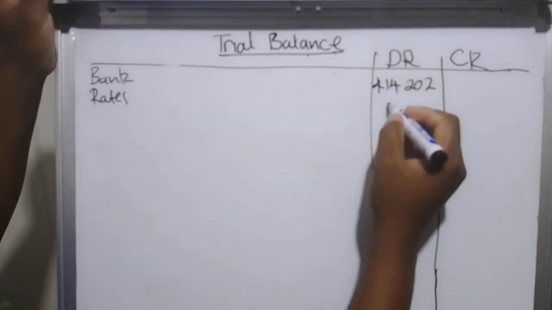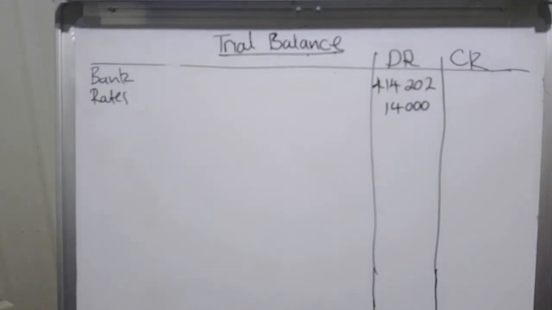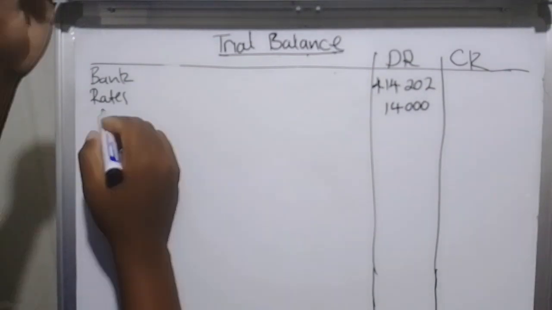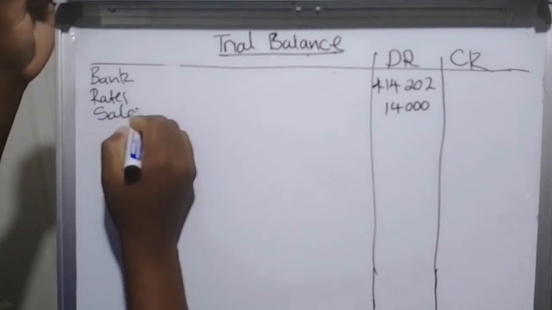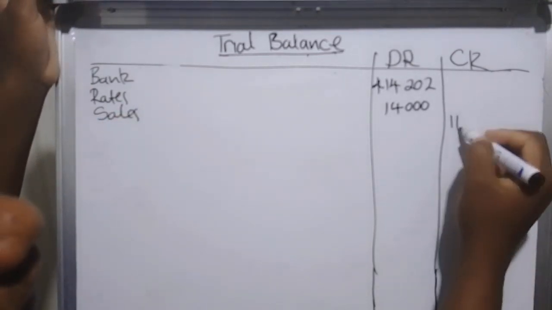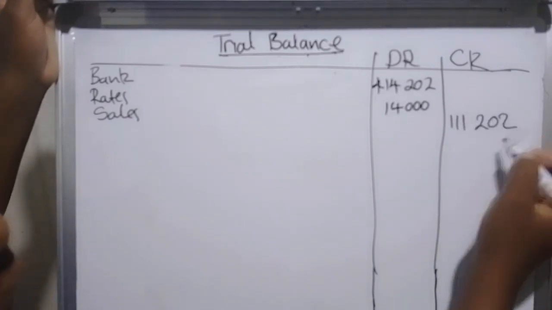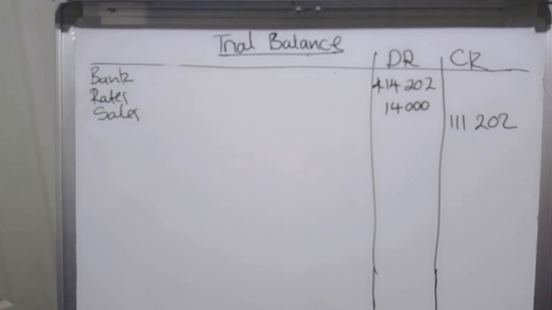So we will list the 14,000 for the rates. We also have sales. We made sales of 111,202. Sales actually go on the credit side of the trial balance.